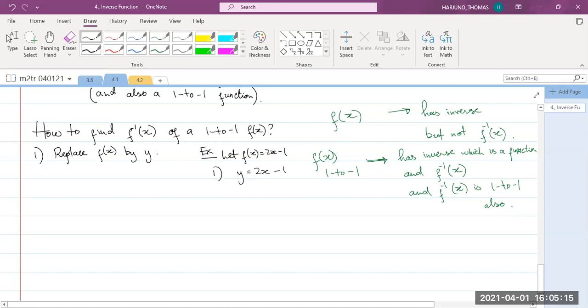Step two, you swap x and y. So y becomes x, x becomes y. Step 3, solve for y.